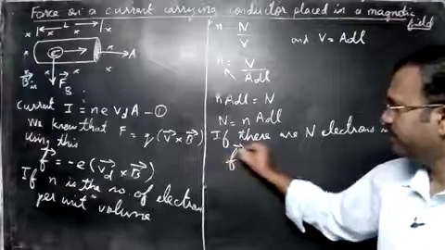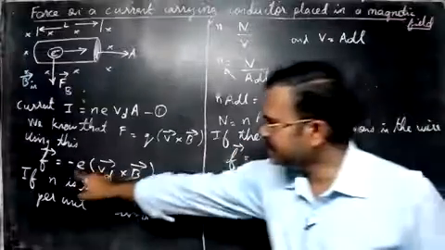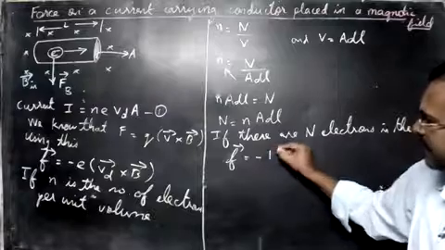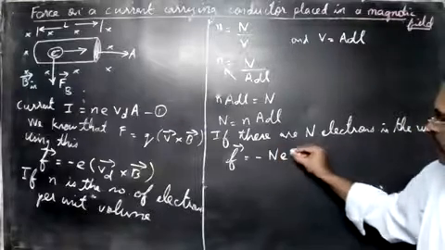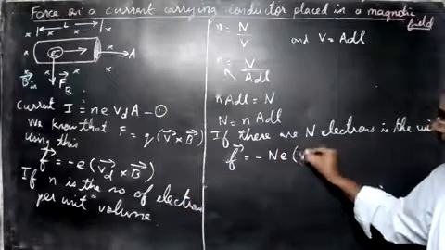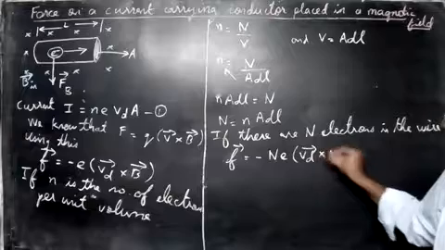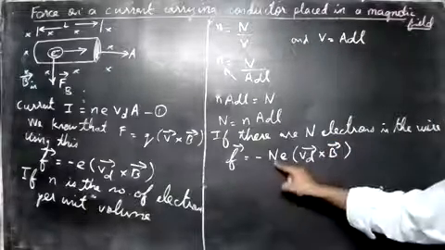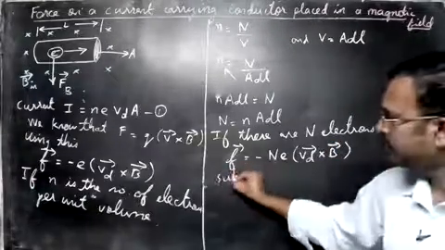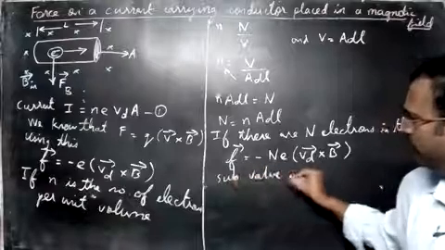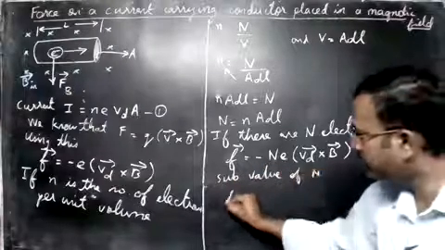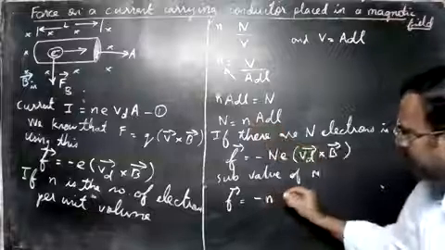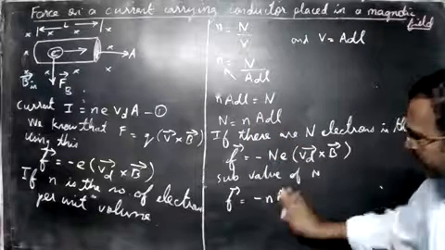Small f is equal to, substituting capital N here, minus capital N e into Vd cross B vector. Now just substitute the value of capital N. So the force is equal to minus of this capital N, which is small n A dl, or we'll write e first.